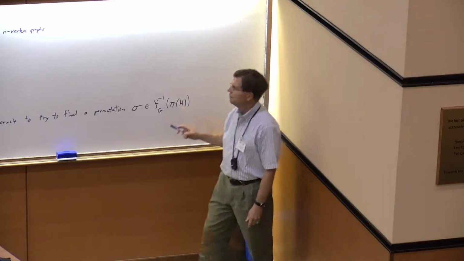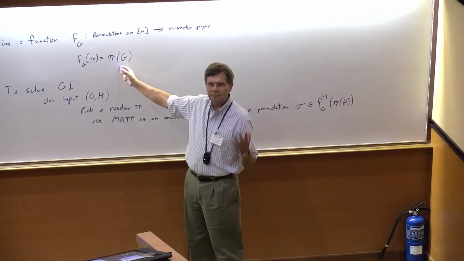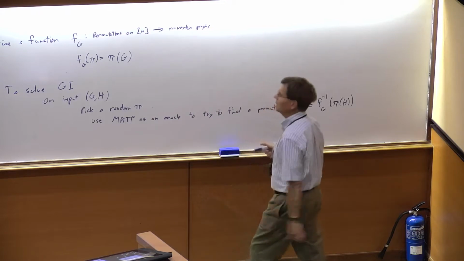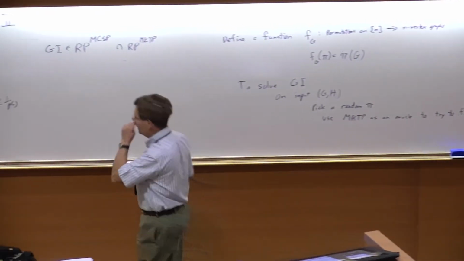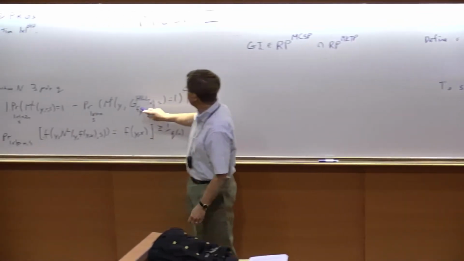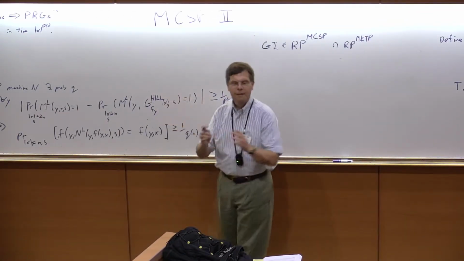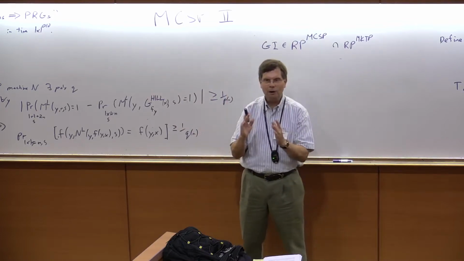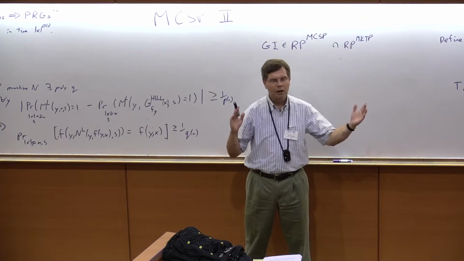F sub G is very easy to compute. Everybody agree with that? F sub G is easy to compute, so this function works. Which means that this generator takes very small inputs and produces long outputs.